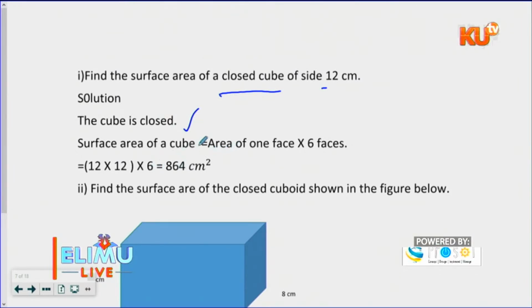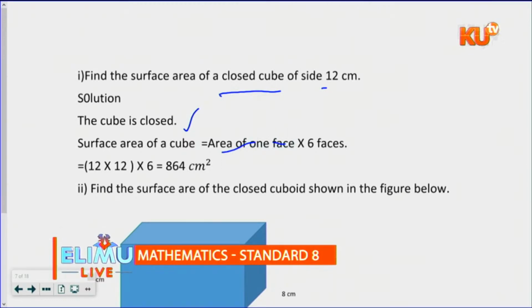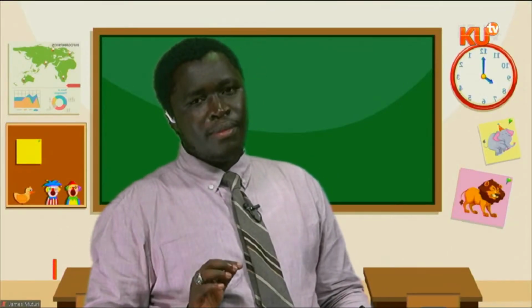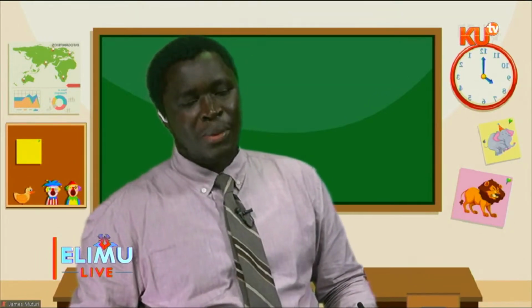Therefore, surface area of a cube will be equal to area of one face, this one, then this area of one face, we multiply it by 6 because of the 6 faces.